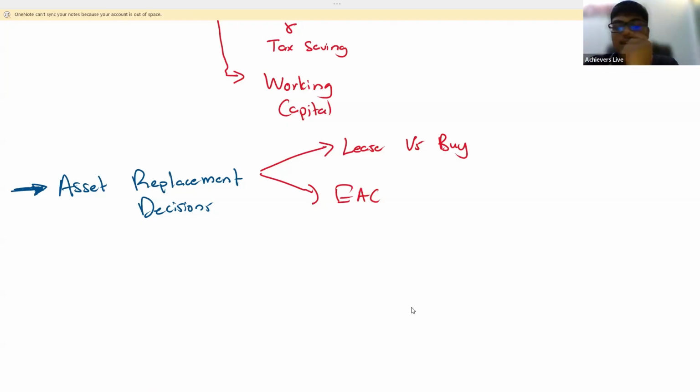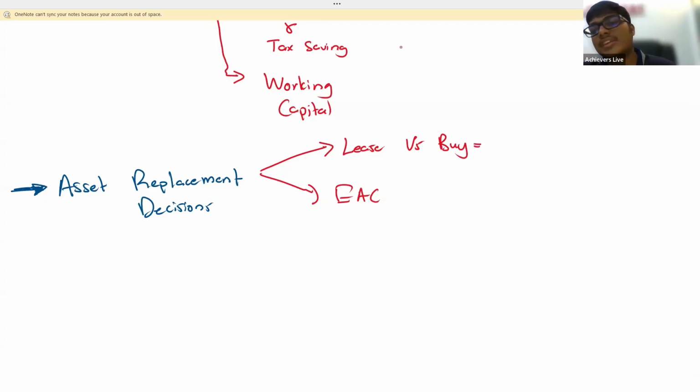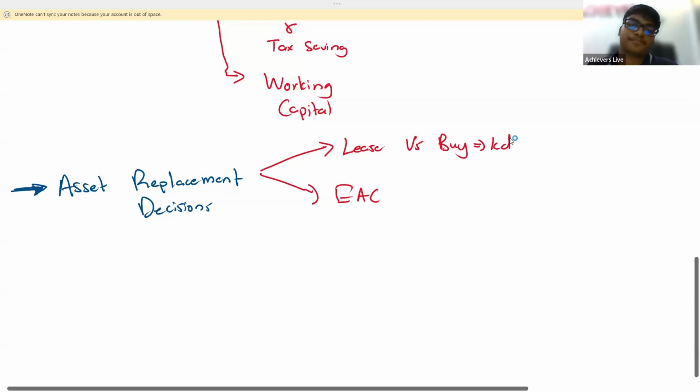So what are the cash flows generally which you have to consider? You have to consider the rental cost, you have to consider tax saving, all of that. And next, finally, you have to take the cost of capital, what rate do you use? You use the KD. Remember, you are going to be using the KD, cost of debt.